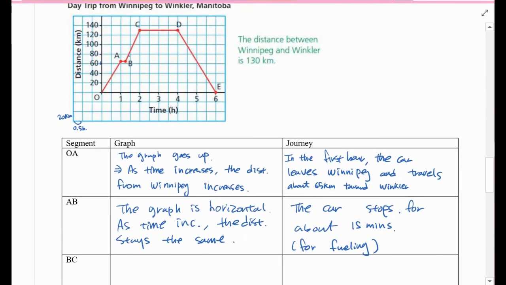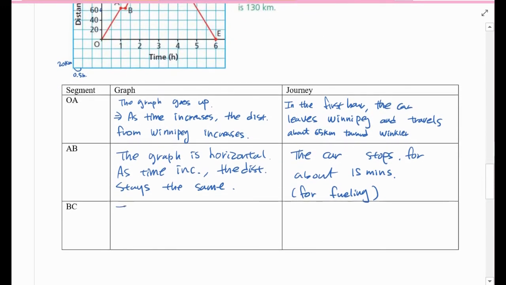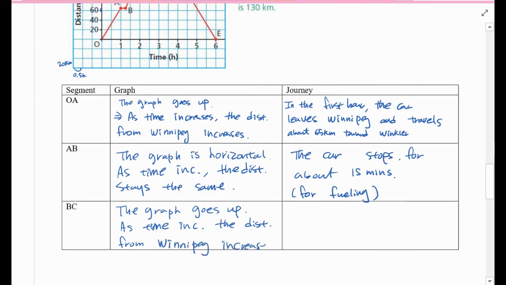And B, C, the car is moving forward again. The graph is going up. The graph goes up as the time increases, the distance from Winnipeg increases.